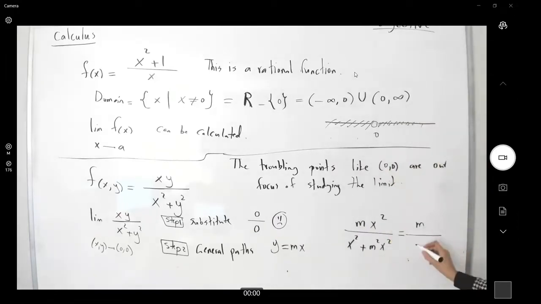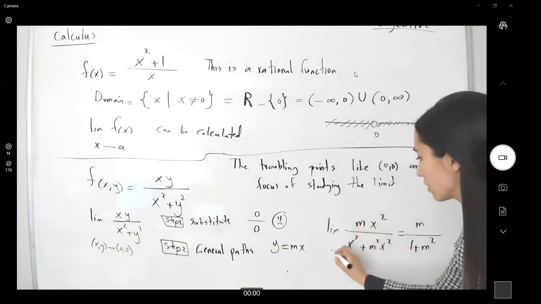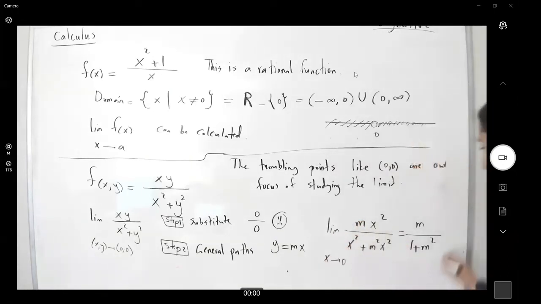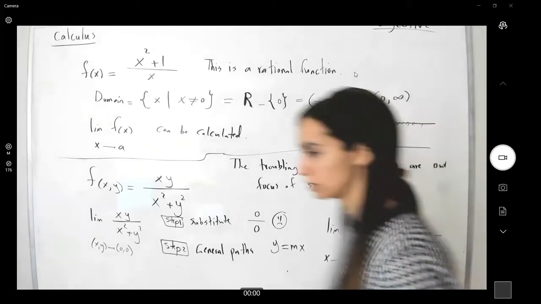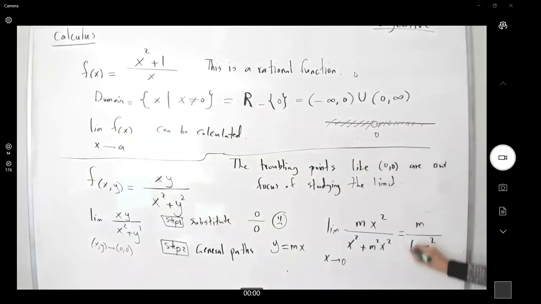You get m divided by 1 plus m squared. Since the limit as x approaches 0 depends on m, we say that, hey, the limit does not exist.